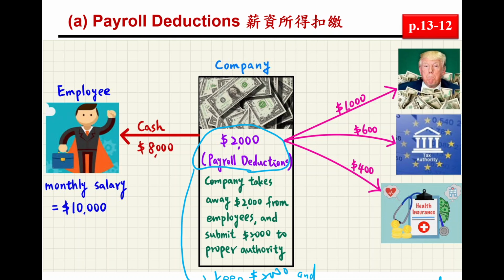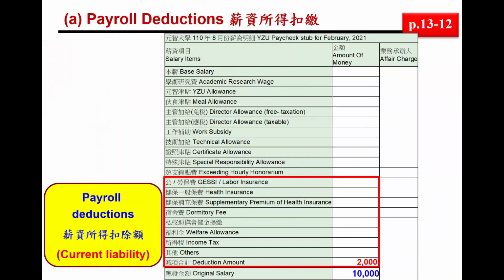$1,000 to the government, maybe $600 to tax, and $400 for your insurance. So there are different kinds of reasons. Like what? In our case, each month the school keeps the $2,000 and pays the money for me to different units. Maybe labor insurance, 劳保.